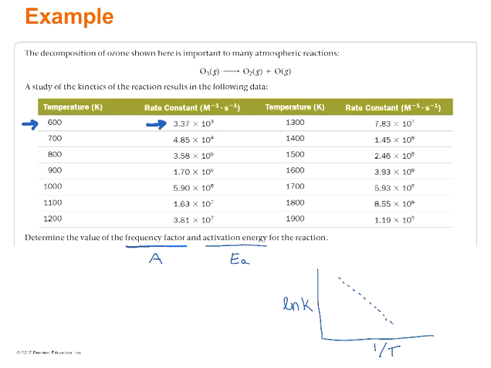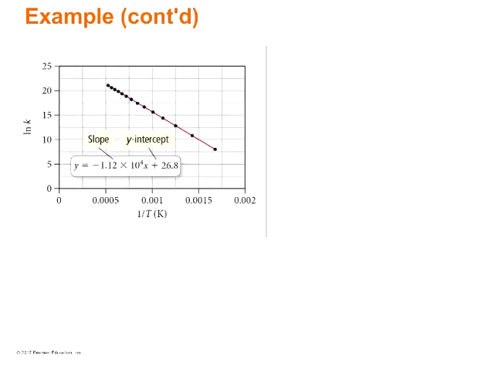Luckily, your textbook already did this for us. This is our resulting graph, and they're also showing the equation for the graph, which is y equals negative 1.12 times 10 to the fourth x plus 26.8. So if we need to find the frequency factor and the activation energy, we have everything we need. We just need the slope and the y-intercept.